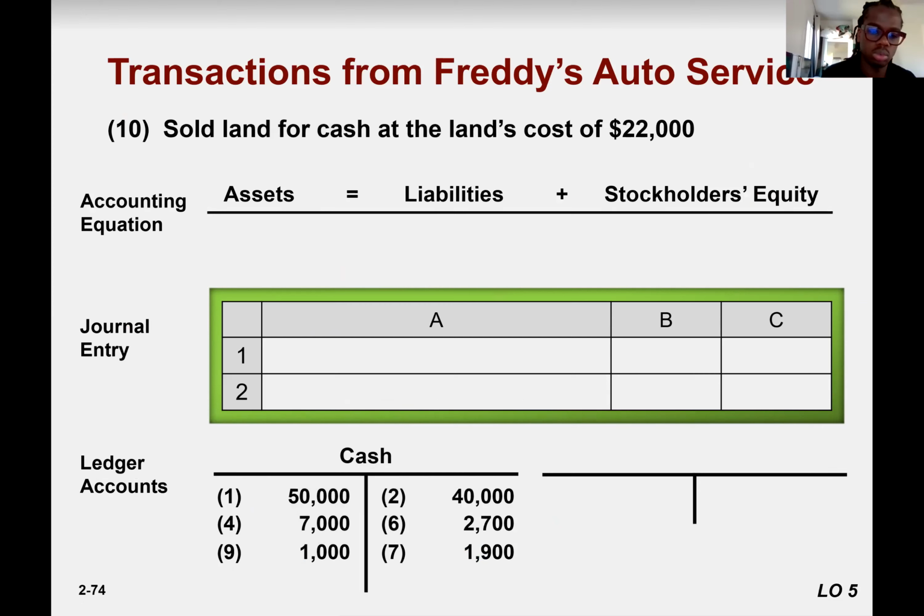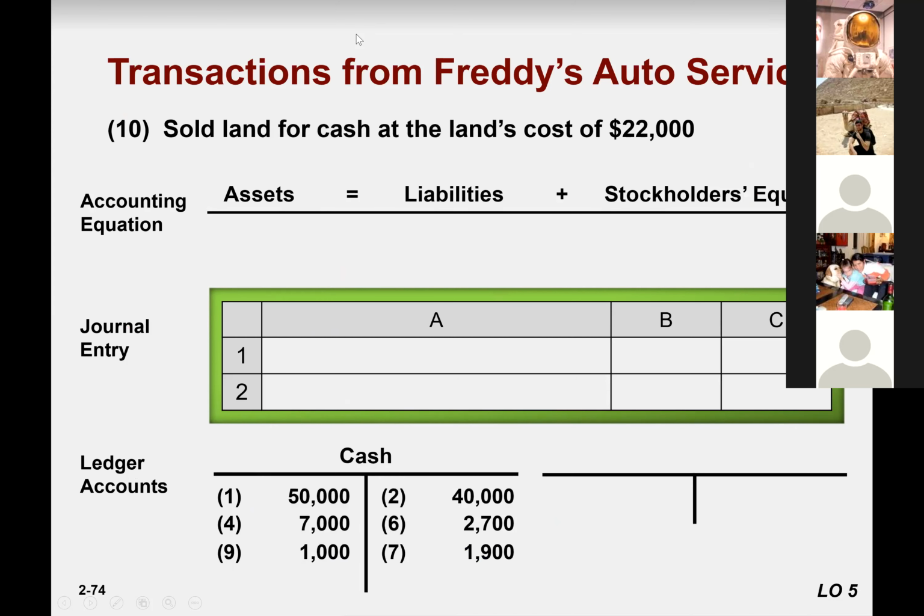Now what about the tenth one? Sold land for cash at the land cost, 22,000. What's going on here? So Woo Seong, your turn. First of all, you need to write down the three-step process.